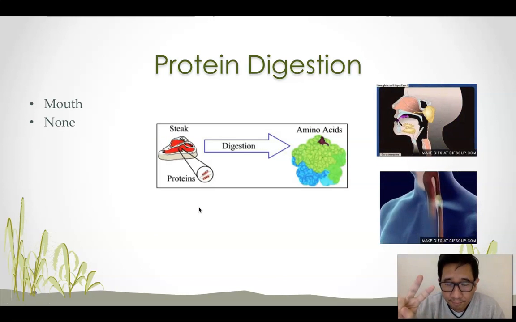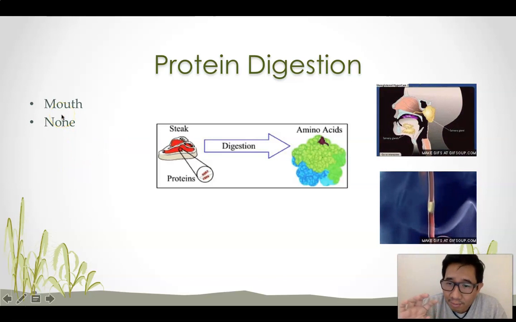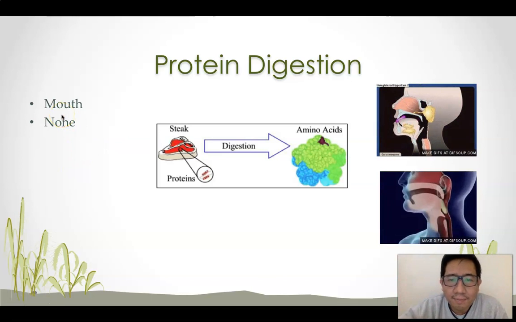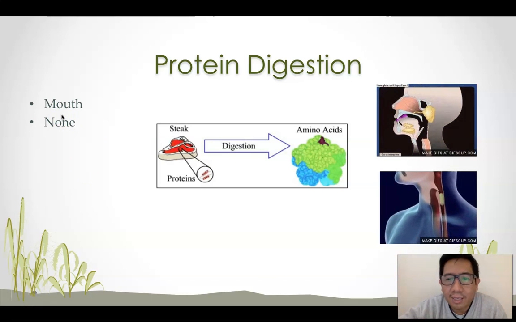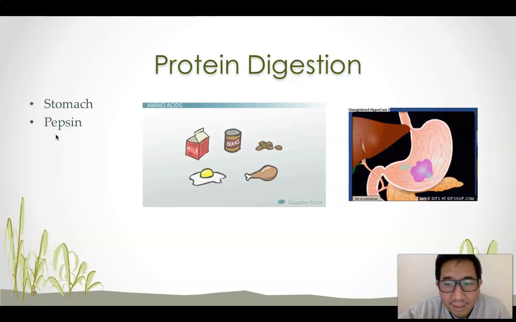Second food group is protein. In your mouth, all you do is mechanically chew the protein; nothing breaks down. Protein inside your stomach, you have something called pepsin. Remember what cells release pepsin? Pepsinogen?